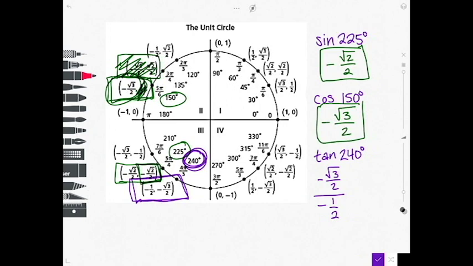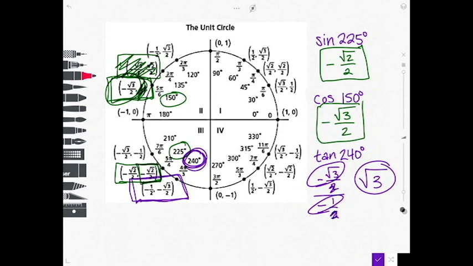If I'm dividing two things that have the same denominator, those denominators are going to cancel. So all I really am doing is dividing the tops, which is negative root 3 divided by negative 1. Negative divided by negative is a positive, and root 3 divided by 1 is just root 3. And so there you go, that's the tangent of 240 degrees.